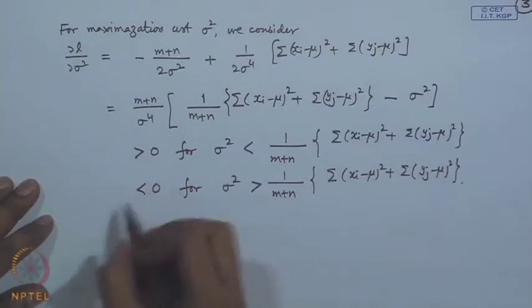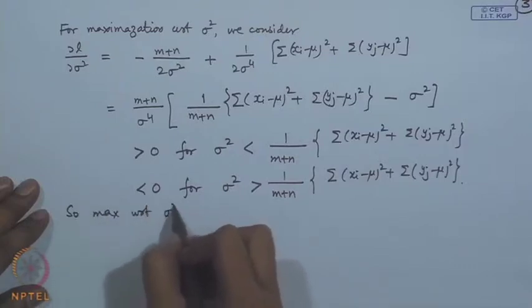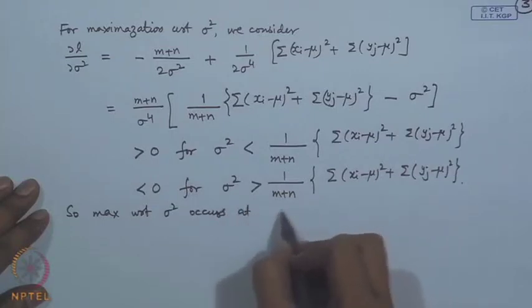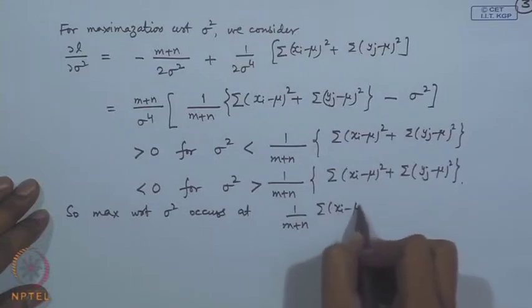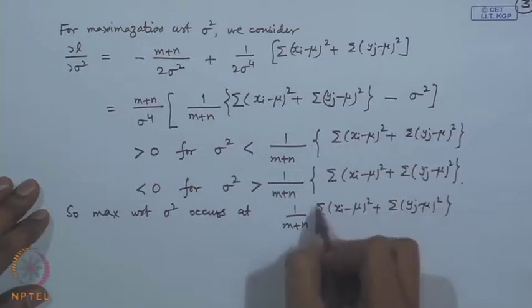So, maximization with respect to sigma square occurs at this quantity, that is 1 by (m plus n) (sigma (x_i minus mu) square plus sigma (y_j minus mu) square).